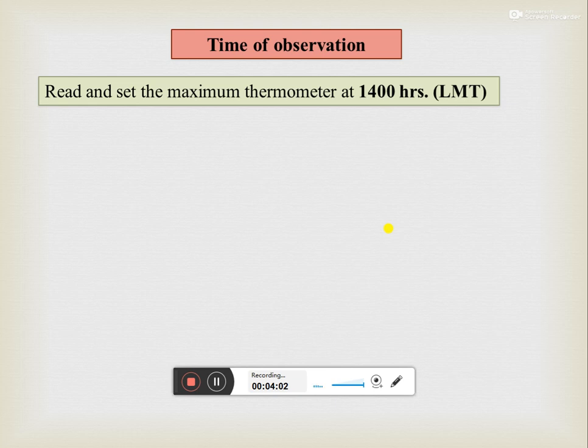The minimum thermometer should show a reading equal to the dry bulb thermometer reading within plus or minus 0.6 degrees Celsius, whereas for the maximum thermometer the range should be plus or minus 0.3 degrees Celsius. Generally, observations are recorded at 1400 hours as per the local mean time, or 2 o'clock in the afternoon.